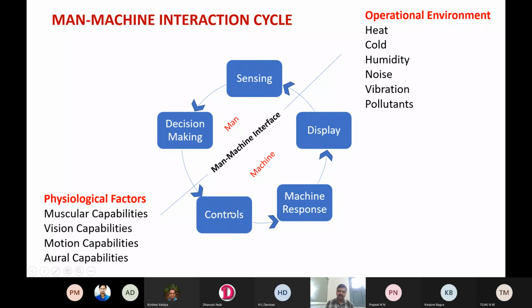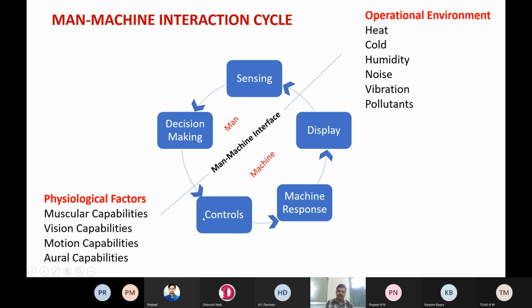Okay, so with the help of the accelerator, you may change the gear. These are the controls. You are going to make use of the controls which will control the speed of the vehicle, like gear and accelerator. Here you are implementing your decision by using controls.